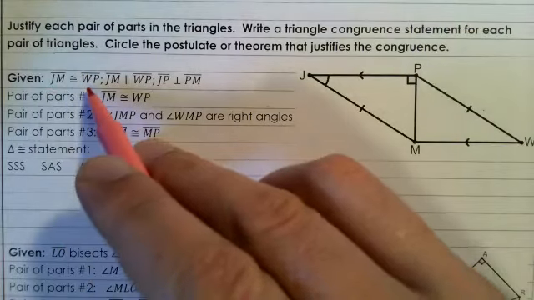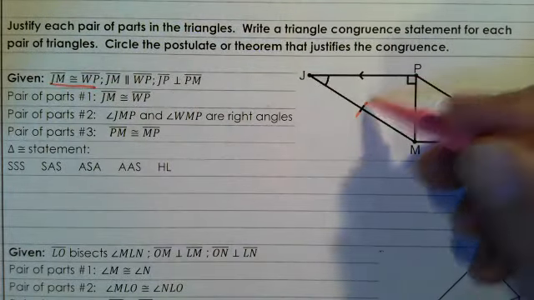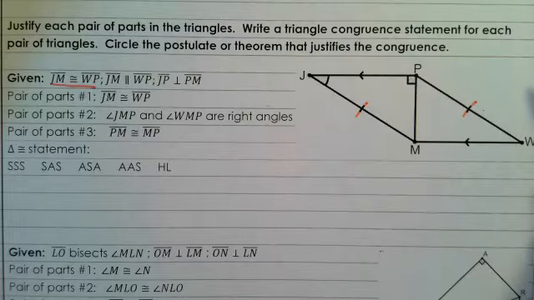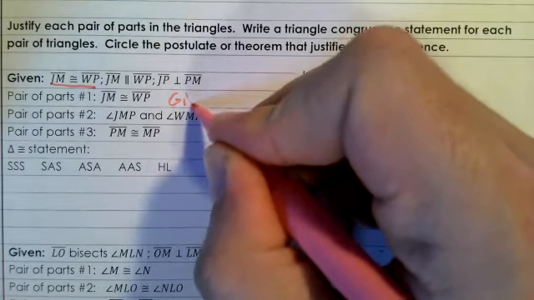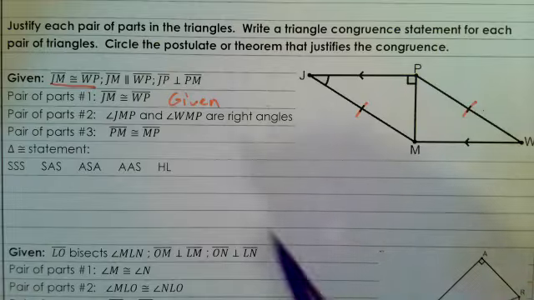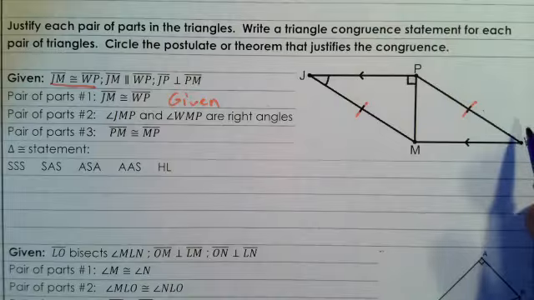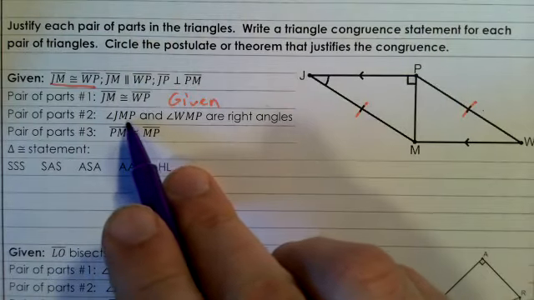A little bit more practice on that justification. We know JM and WP are congruent. That's just given. That was just something that showed up in the definitions of the thing. We've got these parallel lines, and we've also got some perpendicular lines.